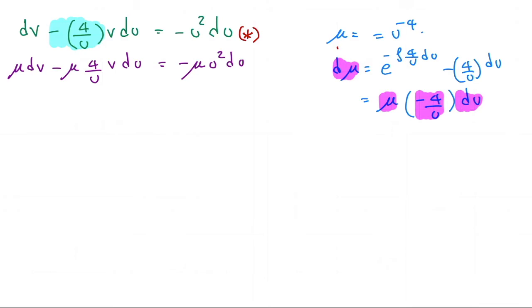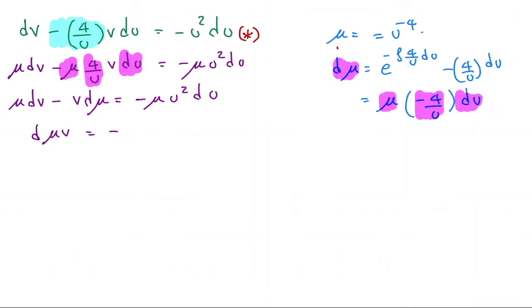So here is mu dv minus v d mu equals minus mu u squared du, and that would be d of mu v equals minus mu u squared du. But mu is u to the power of minus 4.